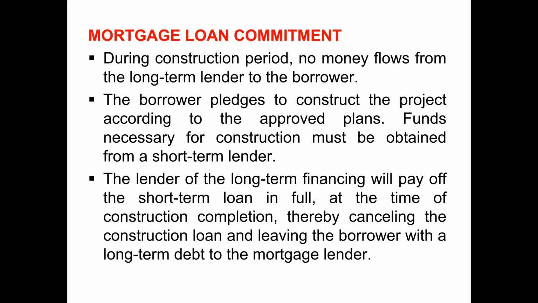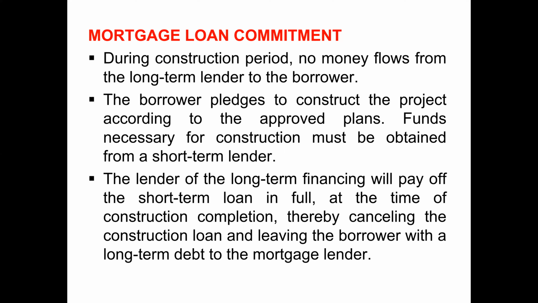Now that the land and project are built, everything is complete. So on this, the owner can ask for a mortgage loan. Then the bank will evaluate the total value of this land, construction and total project. From that, maybe they will finance 80%.